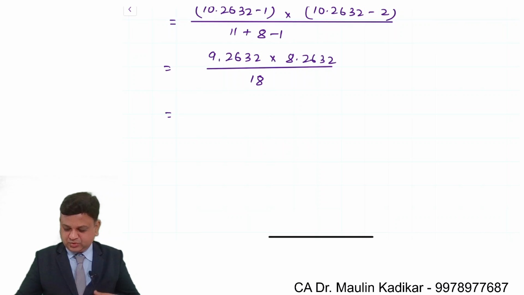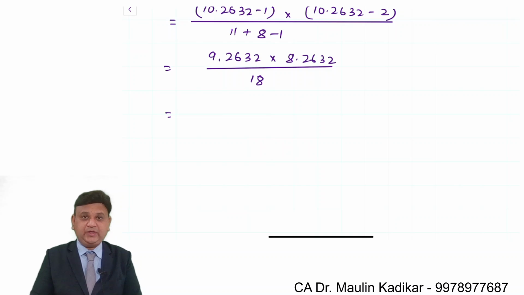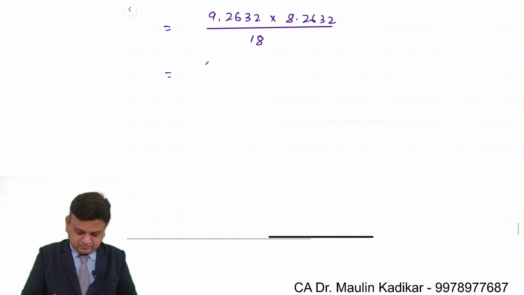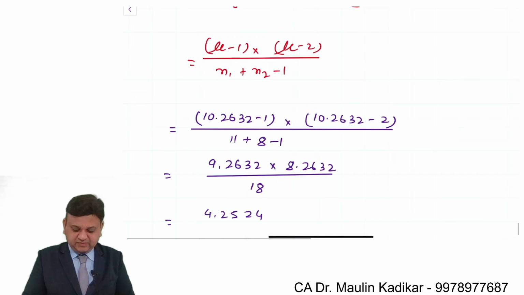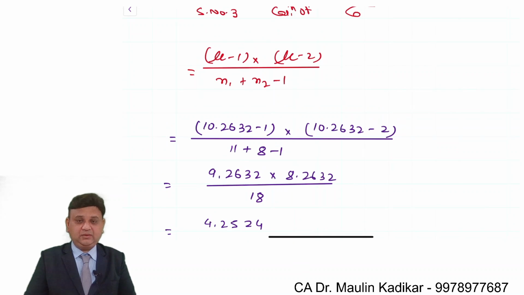So 9.2632 into 8.2632 divided by 18, that is 4.2524. This is the way the variance is calculated.